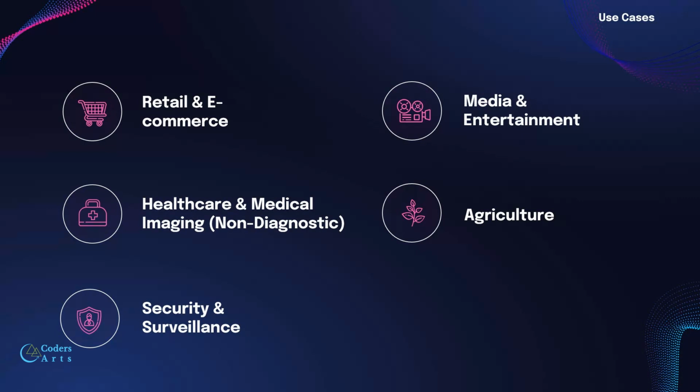And the last use case that we are going to discuss in this video is logistics and warehousing. It can be used there for package tracking, where object detection can help ensure packages are correctly sorted and tracked as they move through conveyor belts and loading docks. It can also be used for damage detection, where it can identify visibly damaged goods or packaging before they are shipped out.